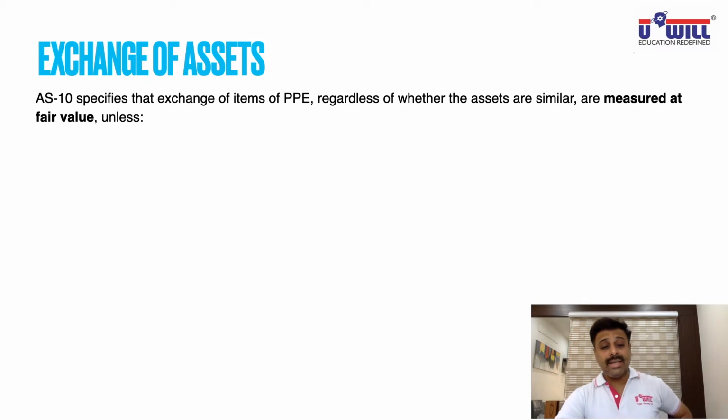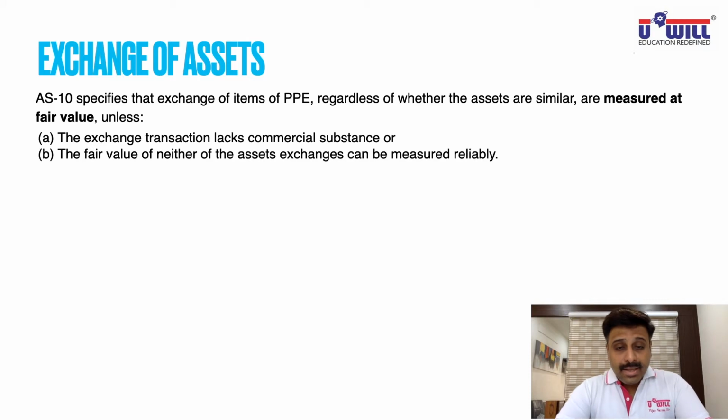So look at it once again. AS10 specifies that exchange of items of PPE, regardless of whether assets are similar, are measured at fair value unless the exchange transaction lacks commercial substance.